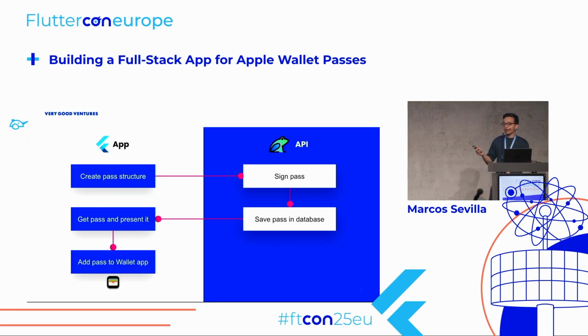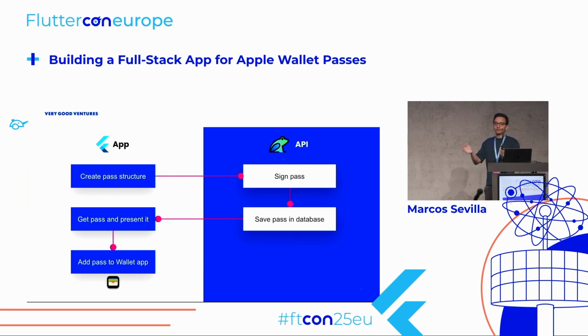So how's the actual flow of this? Pretty much I have a Flutter app that is going to create, using the PassKit package, a pass model that is going to be called pass structure. And then this pass structure is going to be sent through an HTTP request to the API. Then the API is going to have a dependency on PassKit that is going to sign the pass, and it's going to save it on a database.